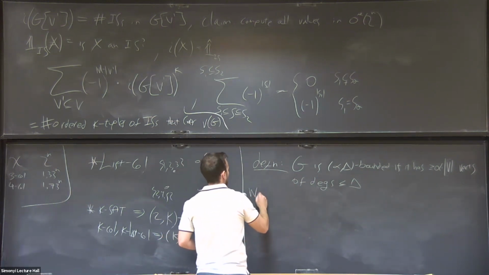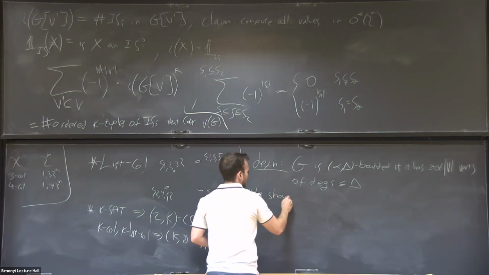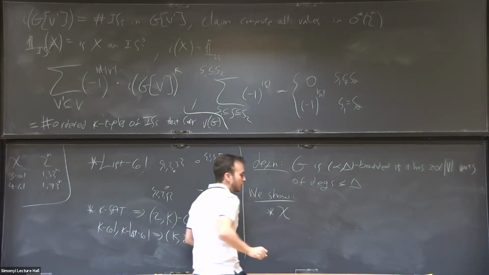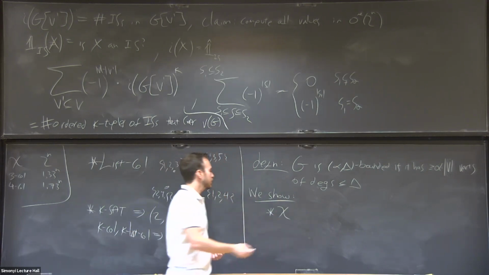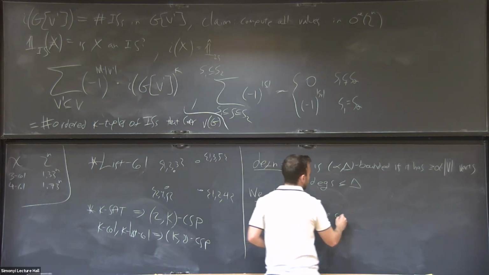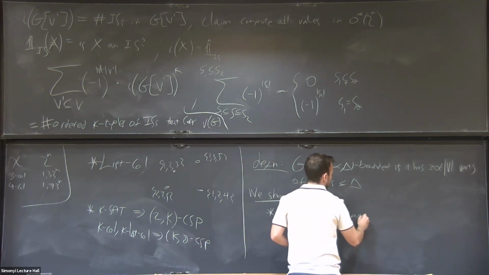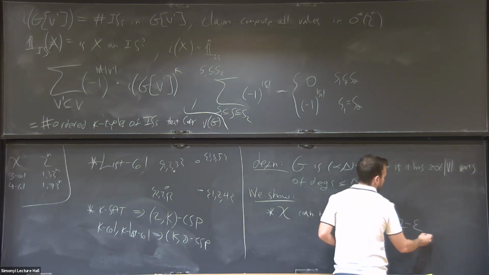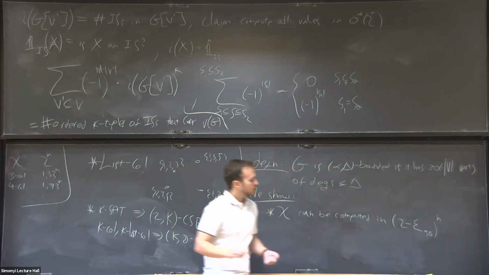Okay, so what we are showing is the following thing. We showed that the chromatic number of a graph can be computed in (2 minus epsilon) to the n for epsilon that depends on this alpha and delta.